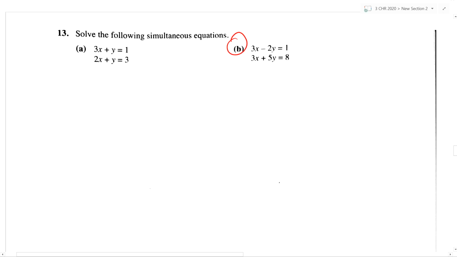Let's take a look at question 13. I will be doing part A. Solving simultaneous equations. So this means that we have two equations to be solved at the same time. Recap, there are two methods. Either you use elimination, which if you can recall was taught by me, or you can use substitution, which was taught by Miss Iriani.